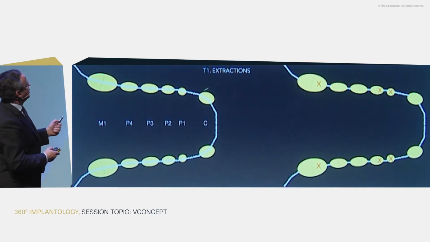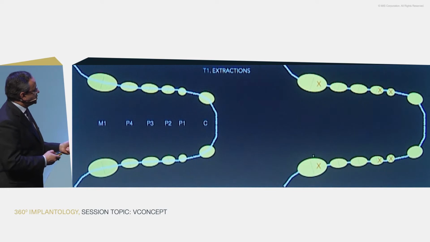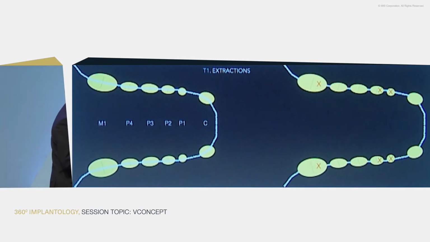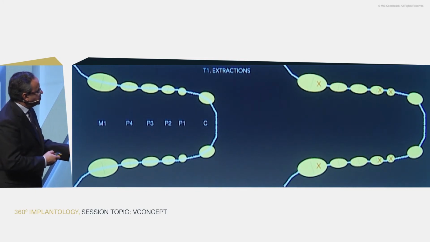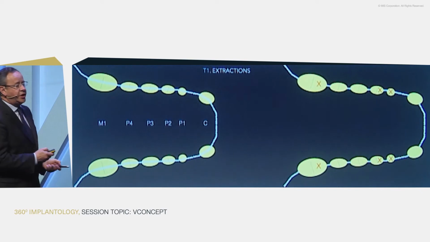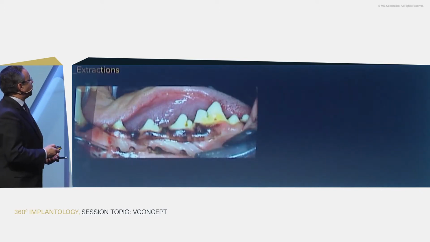So what we did in T1 was to extract half of the molar, half of the P2 and P1. So we wanted to have a ridge in the mesial part, and a ridge in the more distal part.